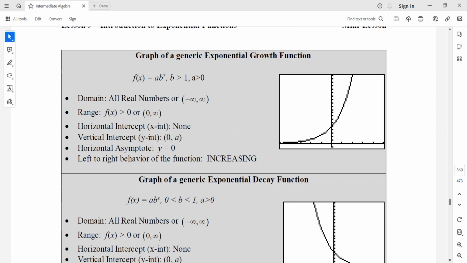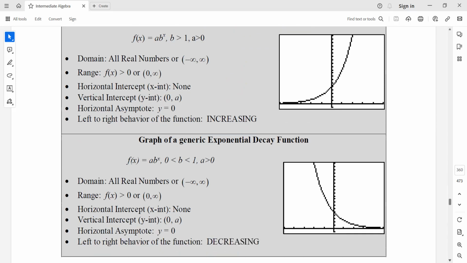Now, what is the horizontal intercept? It's none. The vertical intercept, we already talked about it. Now, the horizontal asymptote, and we know what that is, right? The horizontal asymptote is always y equals 0. And then it's increasing.